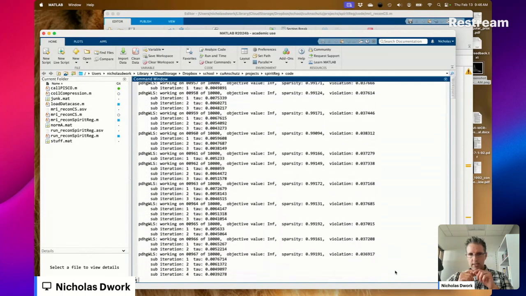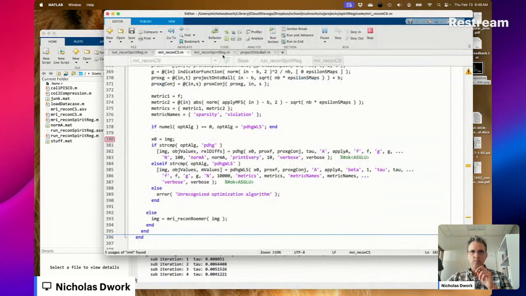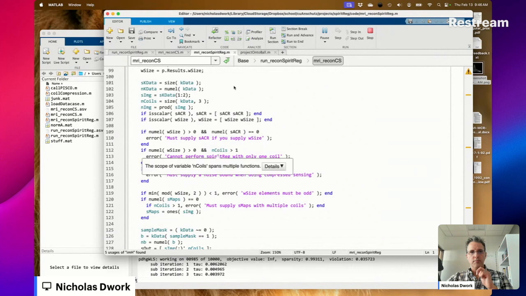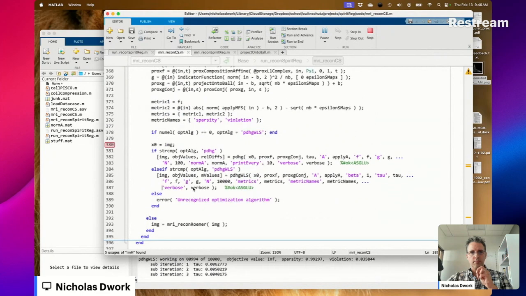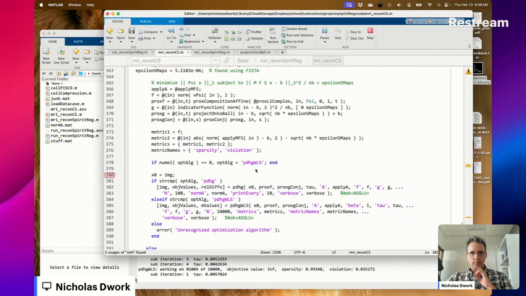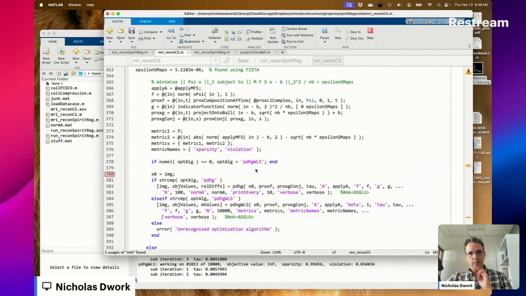Can this be parallelized? This is vectorized. Doesn't look like it.